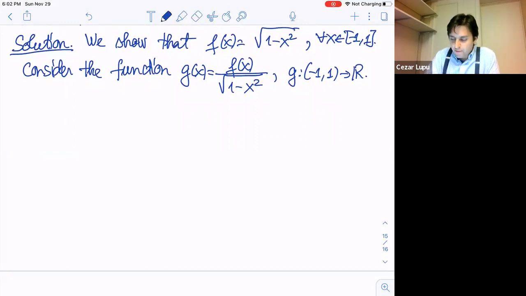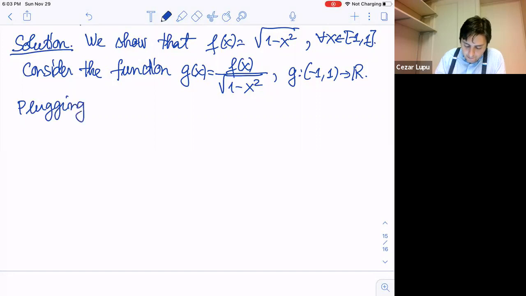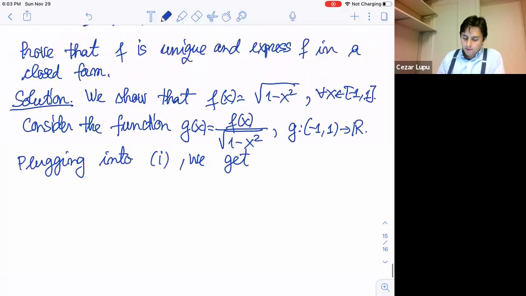And now let's see, we'd like to plug it into the first condition. Plugging in, we get that, let's see, what do we get?